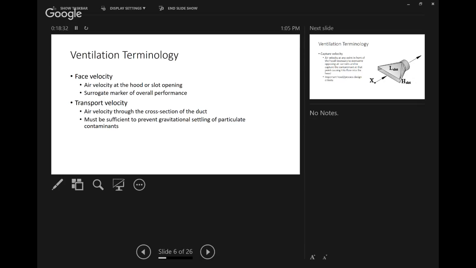And we have a ventilation system that takes it outside to a dust collector. There's a minimum air velocity required to keep those sawdust particles in the air and moving, so that they don't settle out of the air in our duct.